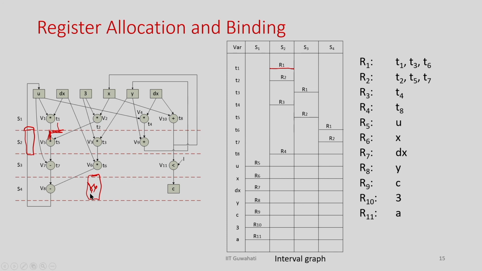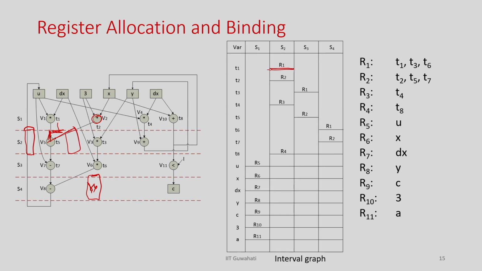This is how for each variable I can identify the lifetime. This is my T1, the lifetime is only for S2. T2 is again defined here and used here, so the lifetime is just here. This is how you can identify the lifetime of the variables. That is the time where I need that value in the hardware. And then I can share a register if their lifetimes are non-overlapping.